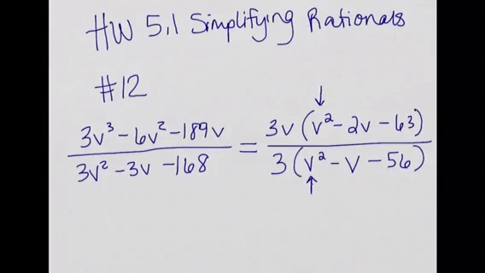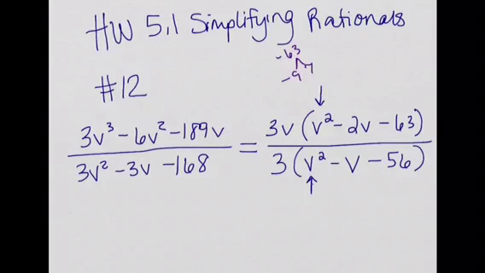Let's start with the top one. I need factors of negative 63 that add up to be negative 2. And when I do that math there, I got a negative 9 and a positive 7. Okay.